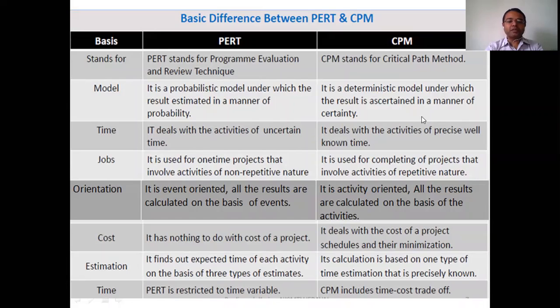Suppose I consider the example of a 10-story building again: first story, second story, third story, all the stories we have to cast. So casting of every story is repetitive. Such repetitive things come under CPM.